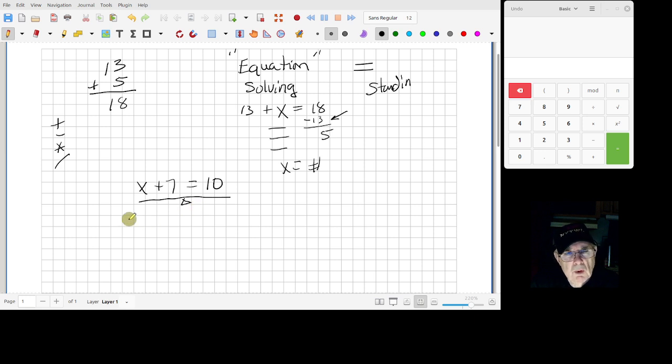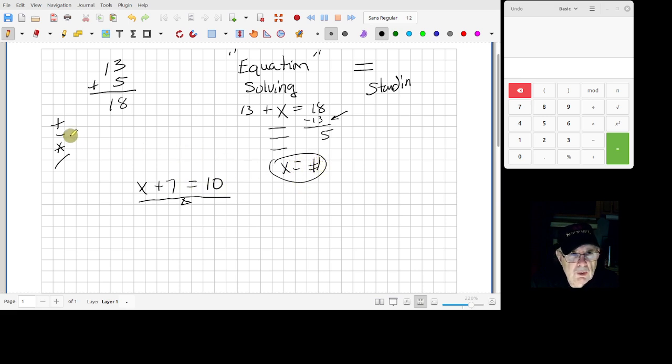Because the rules of algebra say that we are allowed to apply any mathematical operator we want, and that oftentimes involves not only the operator but some number, to an equation in order to get down to this final step where it tells us what x equals.